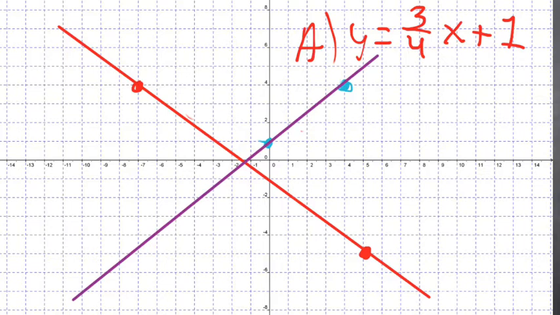We could totally see how different it is with just a negative slope and a positive y-intercept instead of the negative one from before. It's a totally different line. So that is the key, my friends.